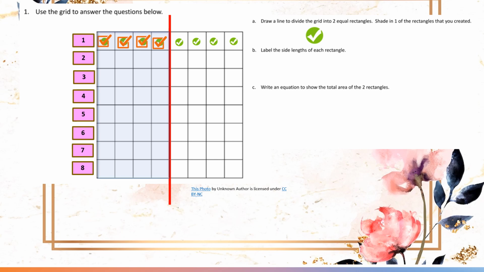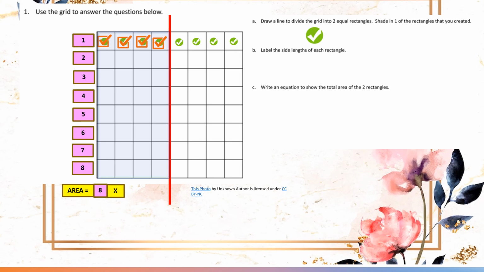Now I know for sure we're going to have to figure out the area, right? So I'll go ahead and start writing my area equation or formula below it. So area equals, and I know my length is 8, so I'm going to go ahead and write in my 8.